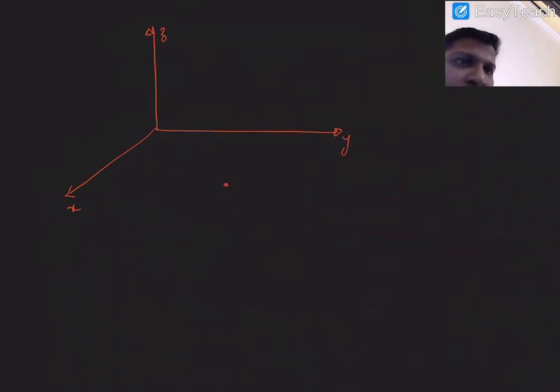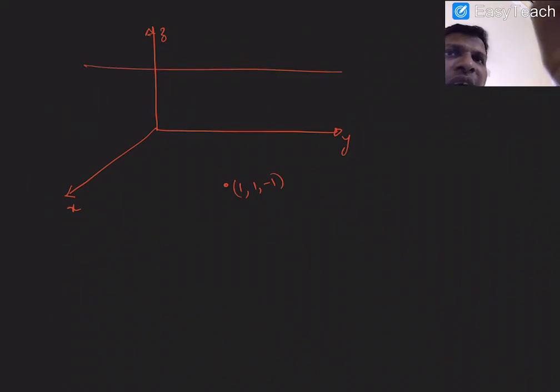Line charge, I have used the red color, so I will show it on the next page, that's better. You have the z axis, x axis, y axis, and this is the point 1, 1, -1. This is the line going through z equal to 2 and x equal to 0, and y can be any value because it is a line.